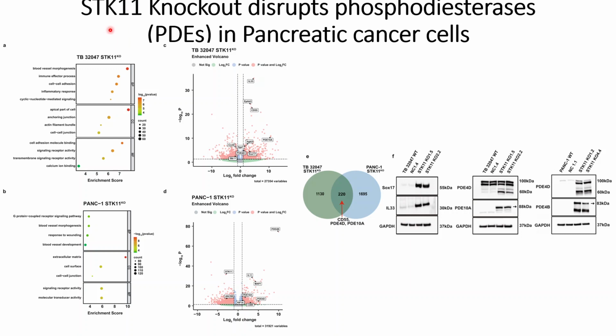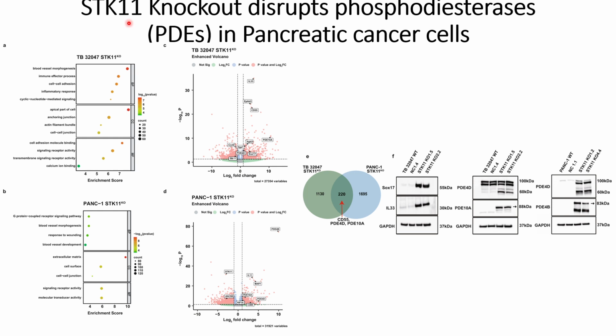Today we will discuss STK11, and how STK11 knockouts disrupt the phosphodiesterases, or PDEs, in pancreatic cancer cells. In the previous video, we discussed the results of in vivo experiments of this STK11 knockout in mice, injecting these pancreatic cancer cells orthotopically into the mice and observing tumor development for a certain period of time.